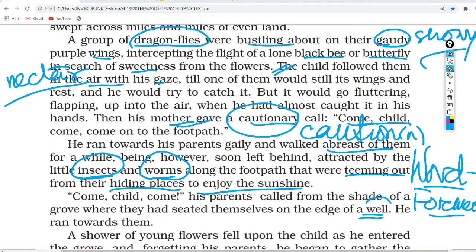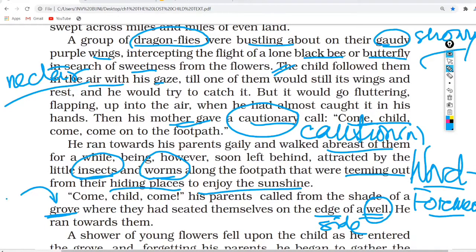So well means a source of water, particularly found in the villages. Therefore, edge means side, the side of the well. What was there? There was the grove. Grove means a shady forest, where the plants will be small in size.